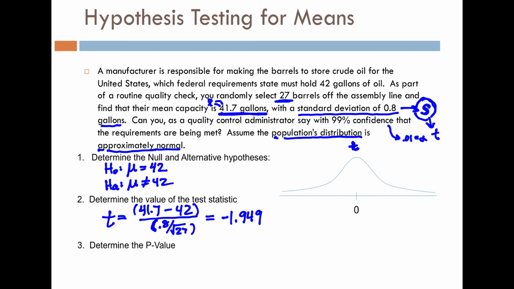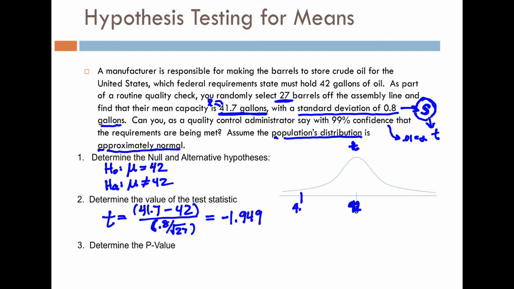So my sample fell to the left. Let's keep in mind that at the center here, I'm going to mark what our actual values were. We were checking to see whether the barrels held 42 gallons, and I got something to the left of that, less than that.